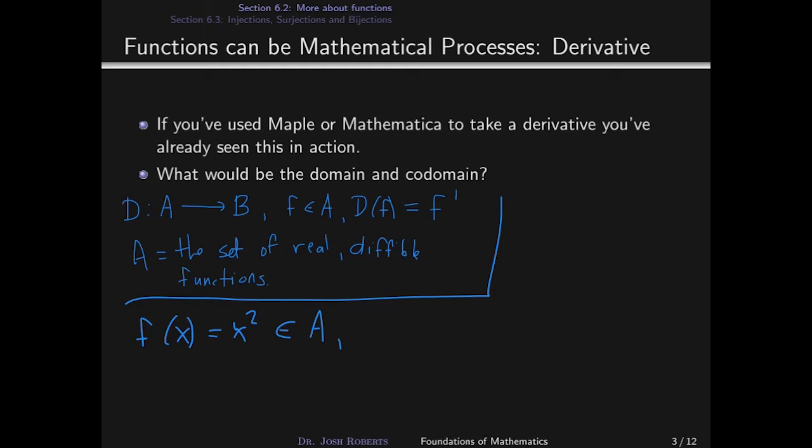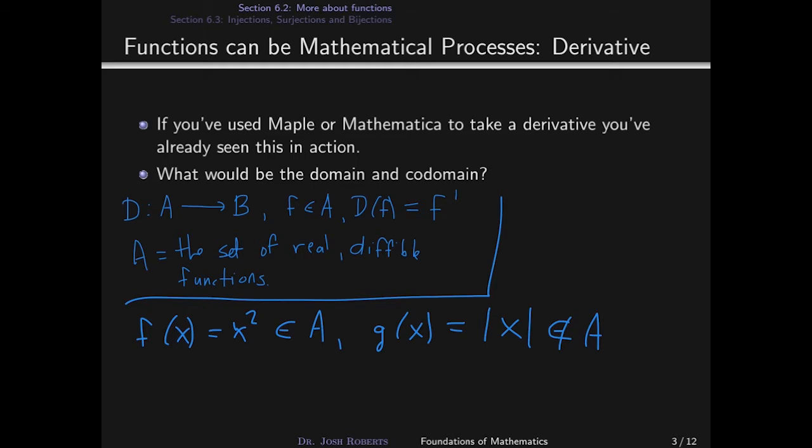The function, let me not use f because I've already used it, but the function g of x equals the absolute value of x, this would not be an element of A because that function is not differentiable. And when I say differentiable, I mean differentiable on all the reals.